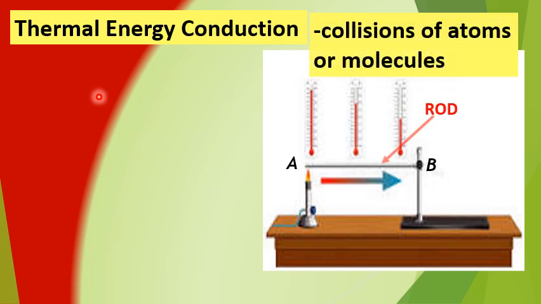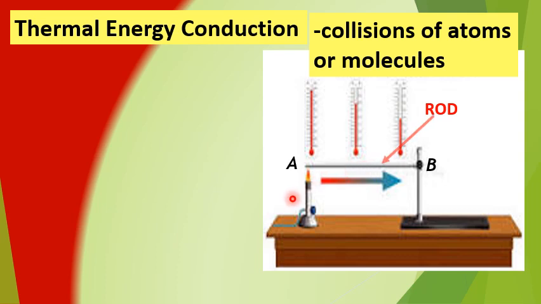In heat conduction, thermal energy is transferred from a hot body to a cold body by way of atoms and molecules colliding with one another. Consider an elongated rod as shown in this figure.